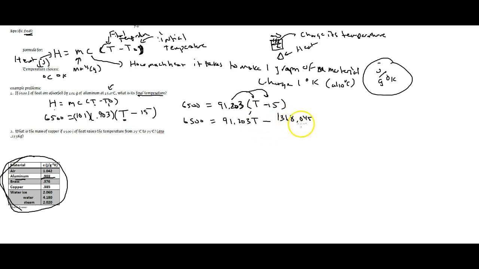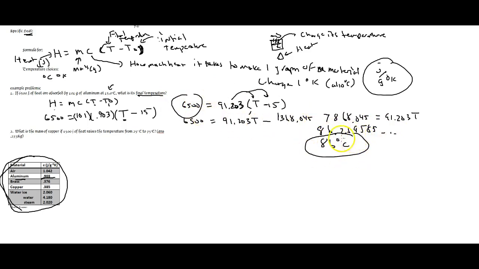I'm going to add this to the other side, and I get 7,868.045 equals 91.203 T. Okay, and then I divide that across, right, because that's what we do in algebra class. And I get the final temperature of the aluminum is 86.269585... Okay, so over here, this is only good to 2 digits, so I have 86 degrees Celsius, and I am done.